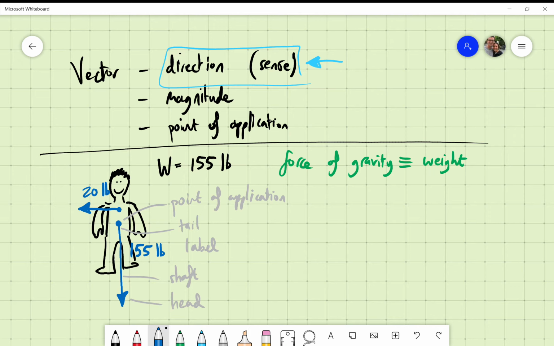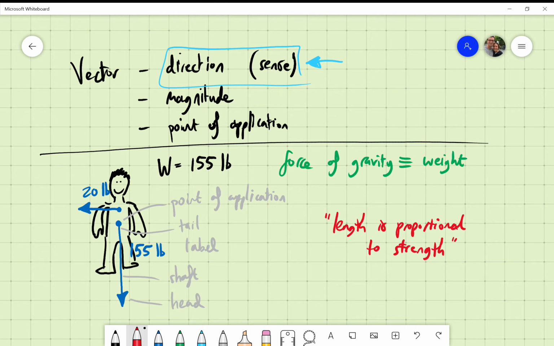Now, in general, I have a little saying, and it's this: length is proportional to strength. Now, in the book, the author actually says kind of the opposite.